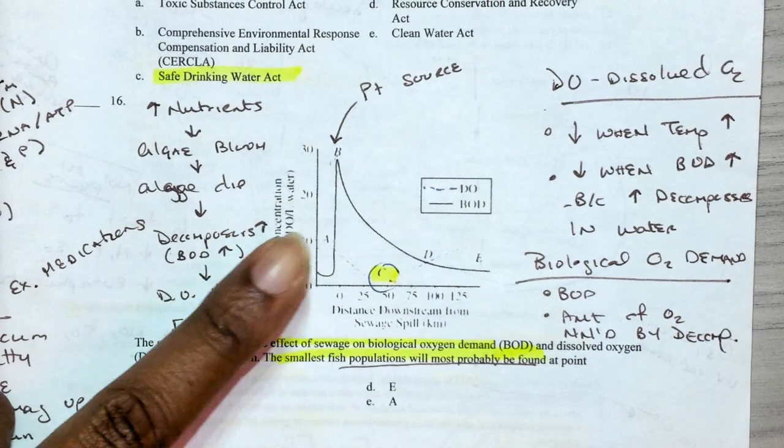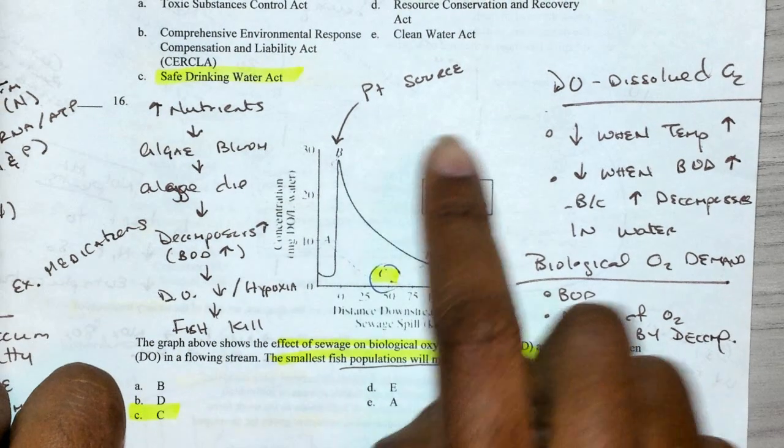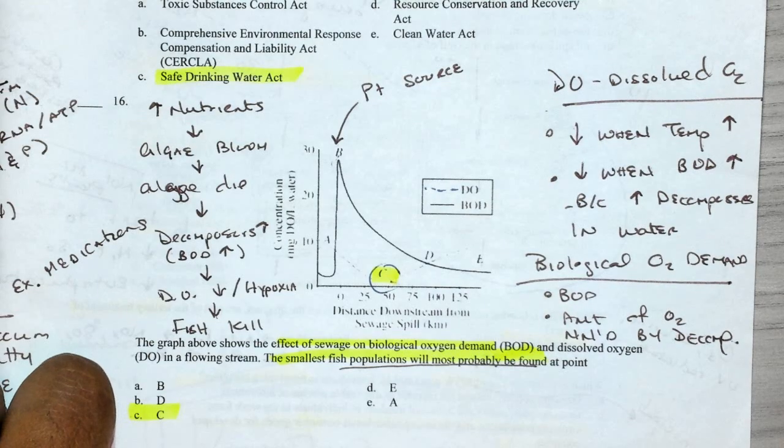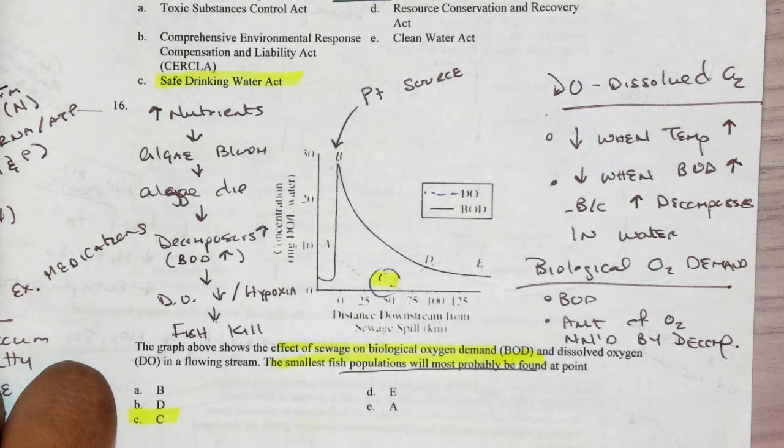Other situations where dissolved oxygen is low: when the water temperature is too high. Remember, high temperatures in water means low dissolved gases. That's just how liquids and gases work. Think about a Coke can. If you pour the Coke into a glass and it's cold, it's still going to be all nice and fizzy. Let it sit there a while to get warm, it's going to get flat because it's going to lose gases.